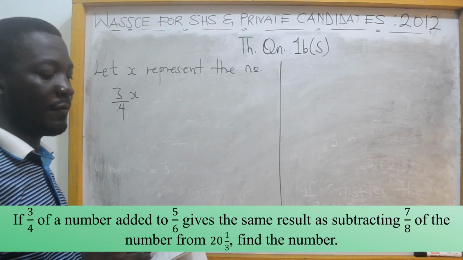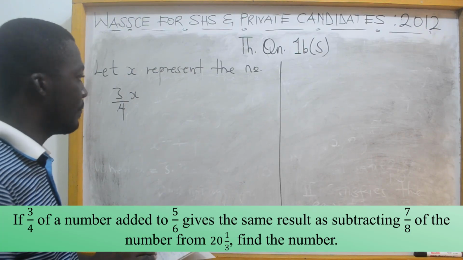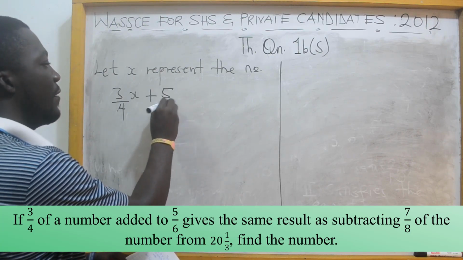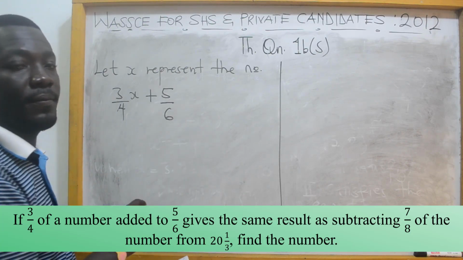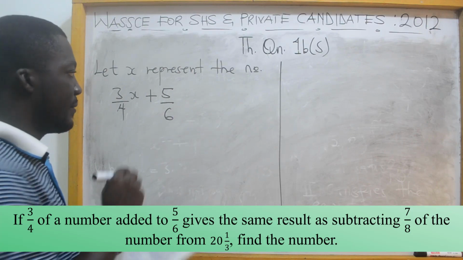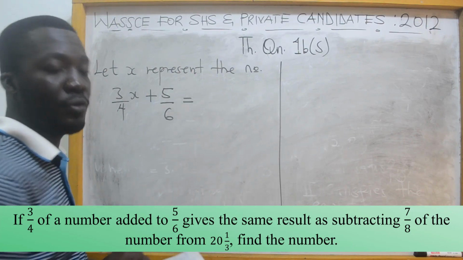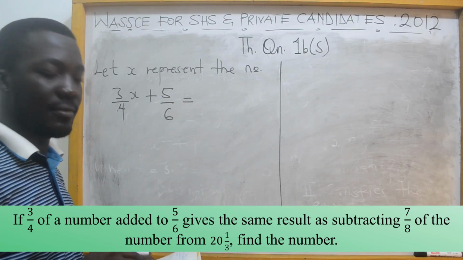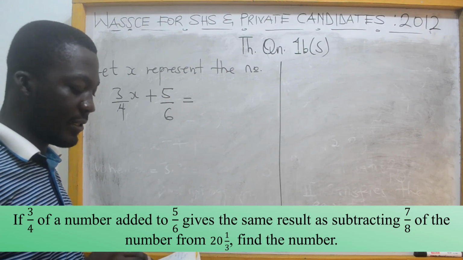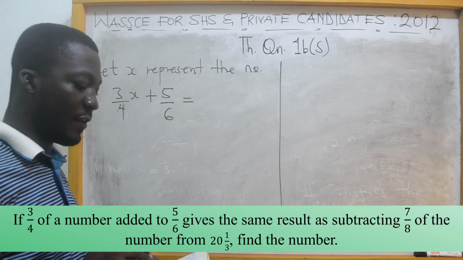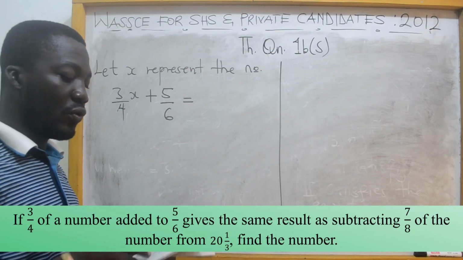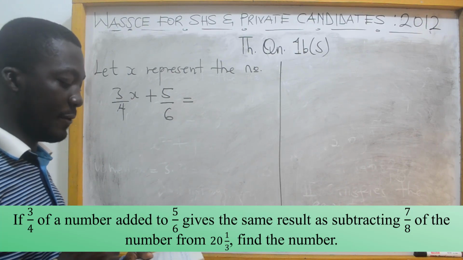to 5 out of 6, it gives the same result as subtracting 7 out of 8 of the number from 20 whole number 1 out of 3.